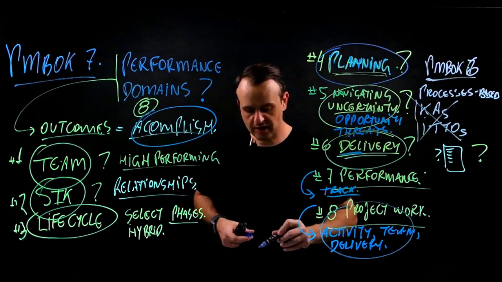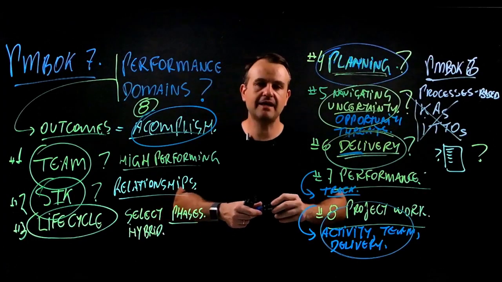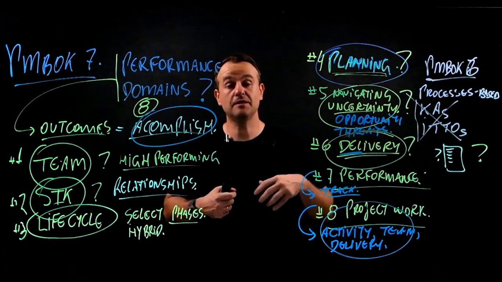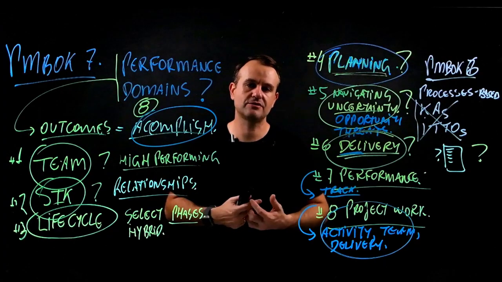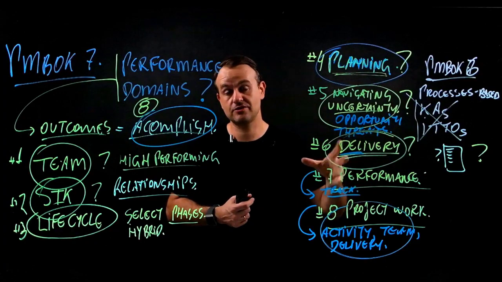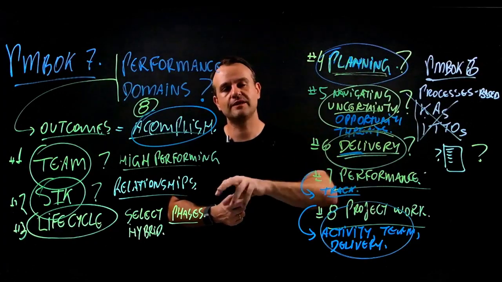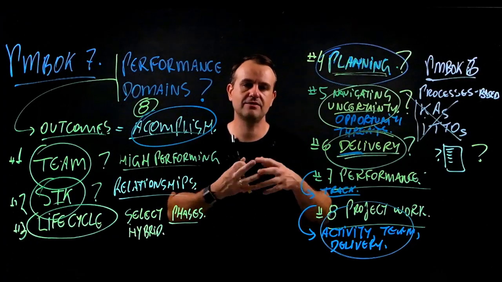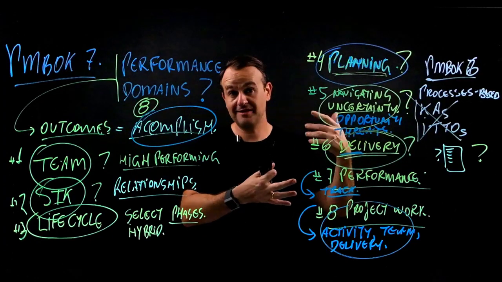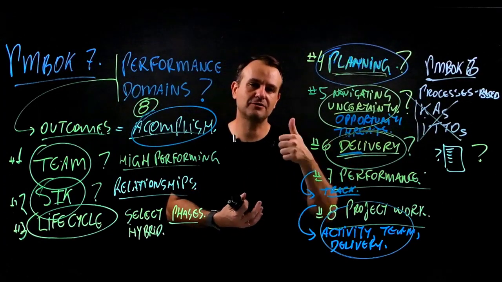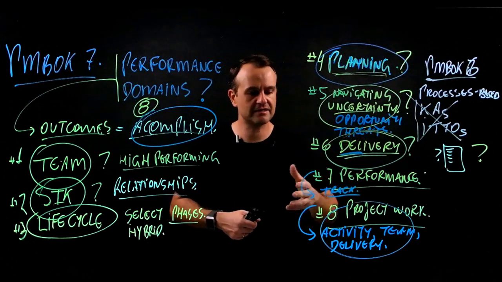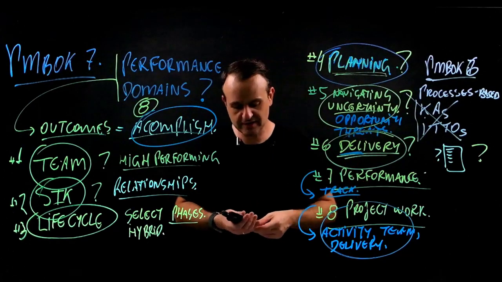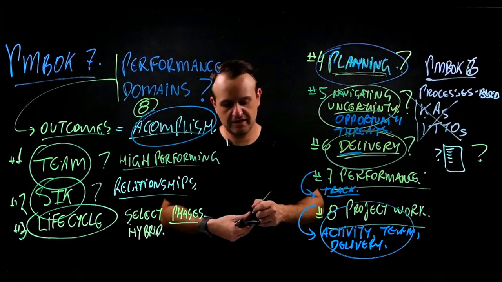So project work is enabling our teams and our resources, not only human resources, to do the work in the best way possible. We may organize work in different ways, we may use different approaches. Remember the chapter about models, methods, and artifacts. We can take this into consideration when we think about the project work.